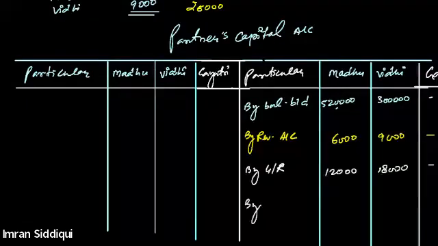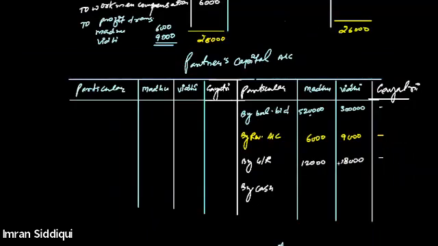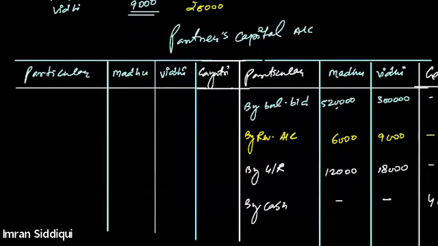So I'll go to the partners' capital account and write down by cash, and the capital was 4 lakh. So I'll write down 4 lakh under Gayatri's account. Is that clear, both of you? Yes.